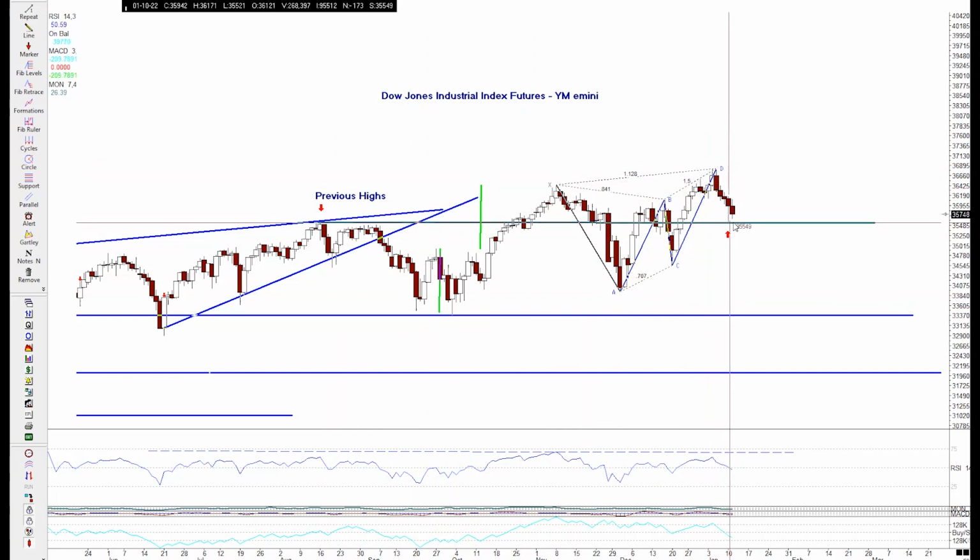You can see where the lows were yesterday on a decline. That is right at those previous highs, so I think this is going to be an important support area to be watching on the Dow Jones Industrial.